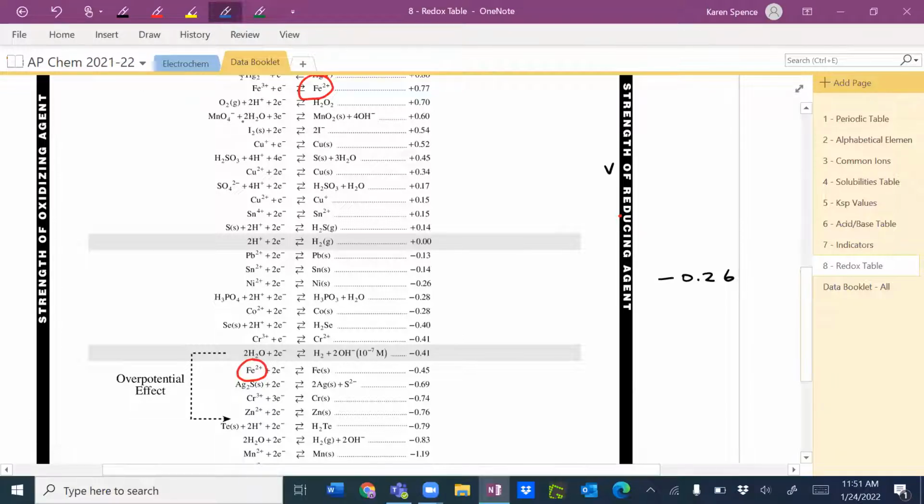We've got I2. Is I2 going to react with either of those? That's uphill, so that's a no. They're both oxidizing agents, so that's a no. Cobalt, Co: that one's uphill, and these two are on the same side, so that one doesn't work either.